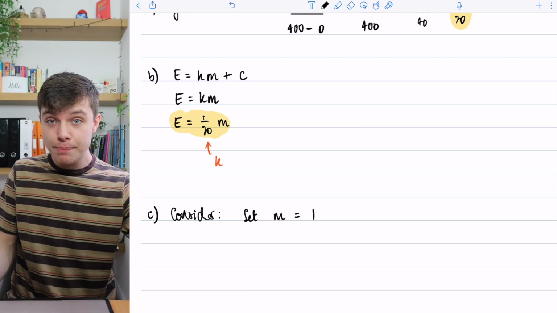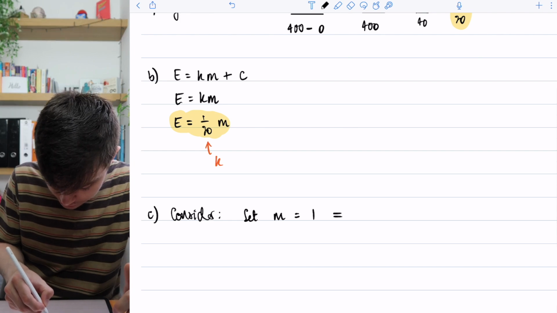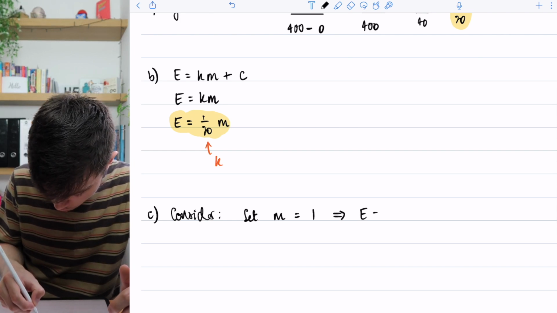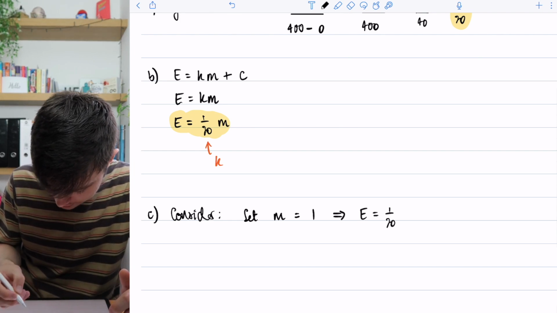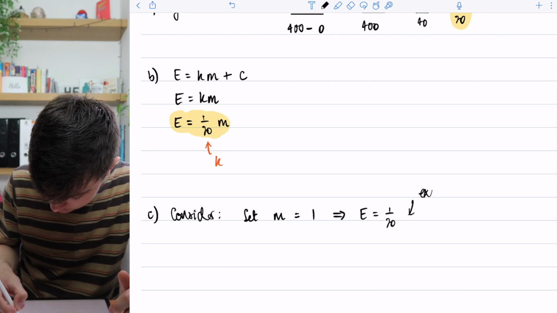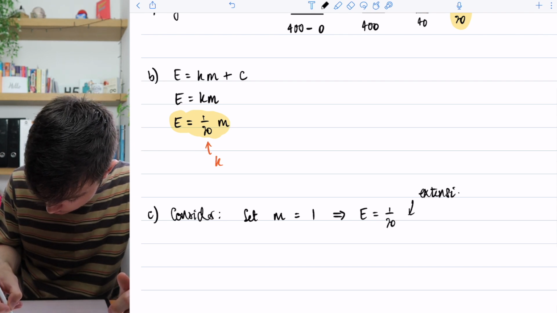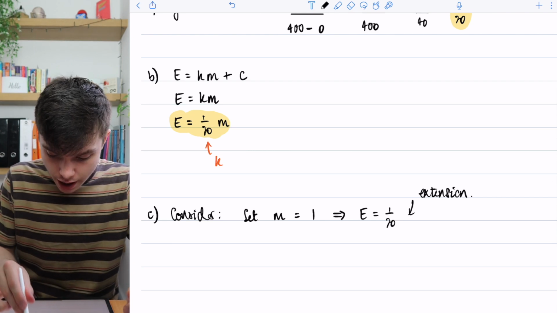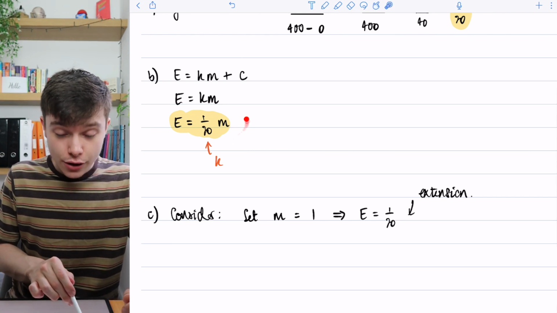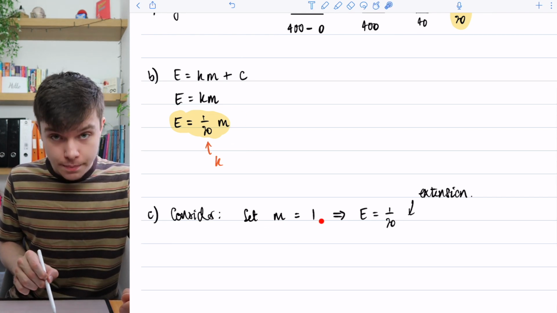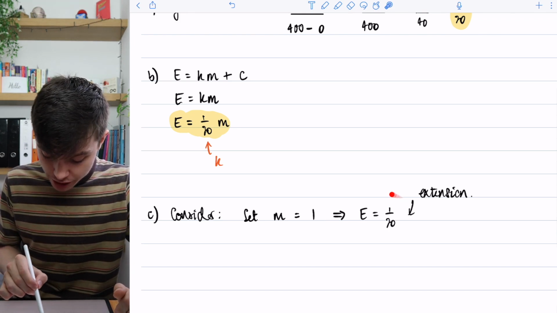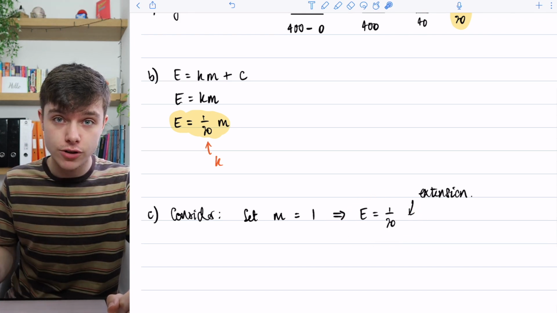If we set M equal to 1, that tells us that E will be 1 over 20. That's the extension. So as the mass increases by 1, the extension of the spring increases by 1 over 20.